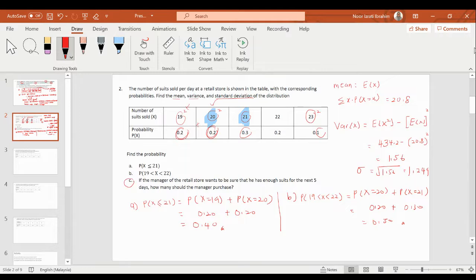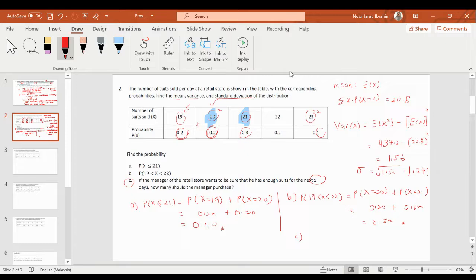Let's see. If the manager of the retail store wants to make sure that he has enough suits for the next 5 days, how many should the manager purchase? So for this one, we will follow the expected suits sold per day, and we multiply with how many days we will have.